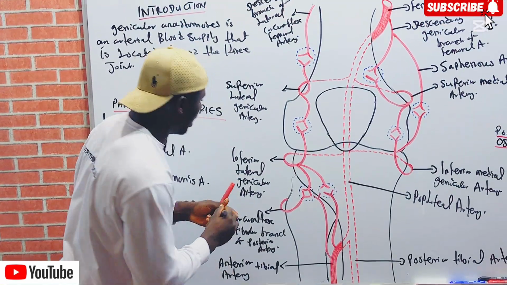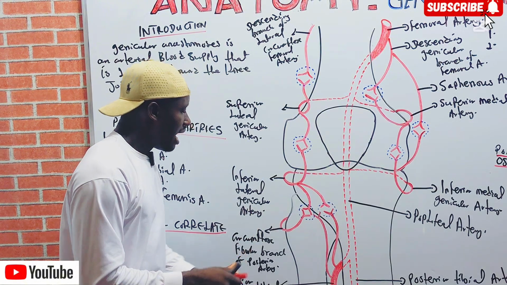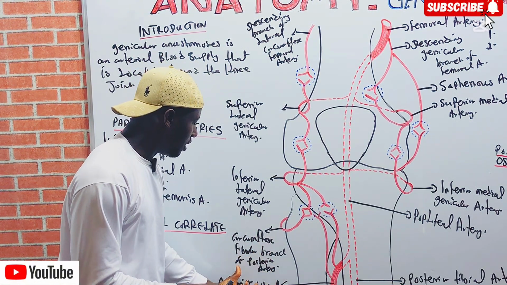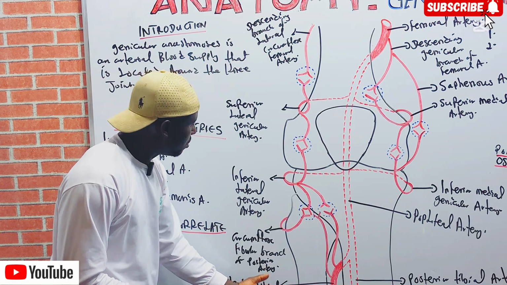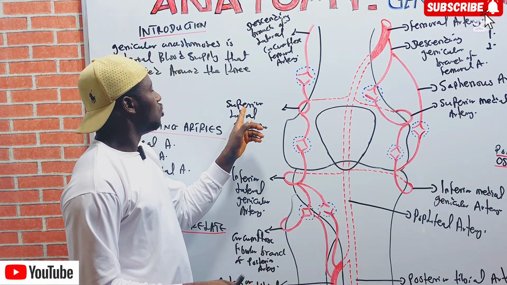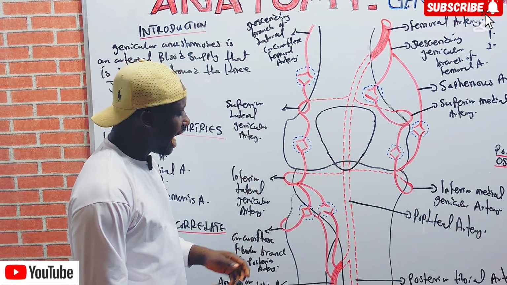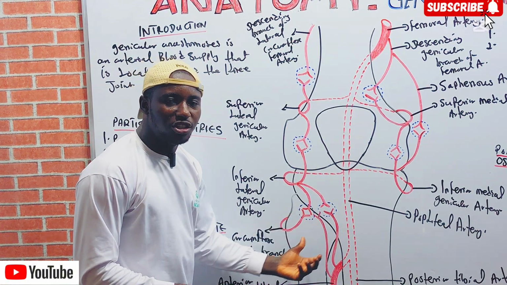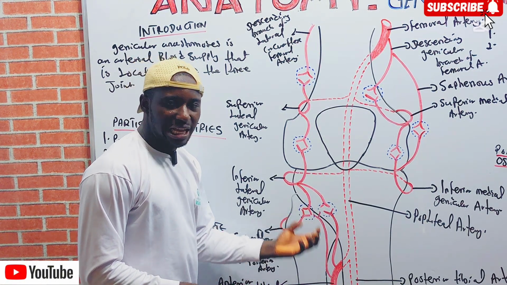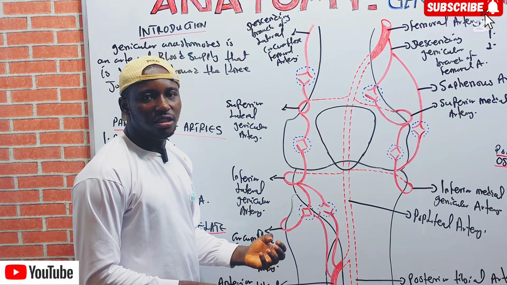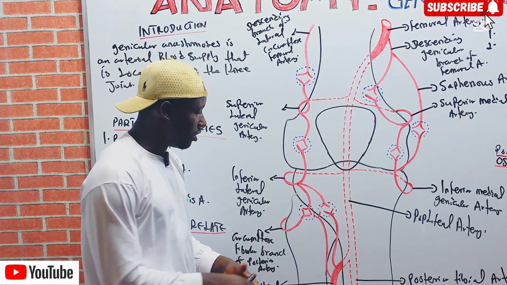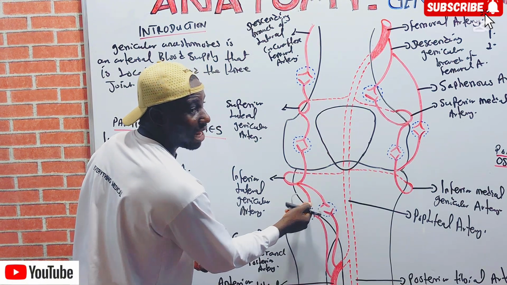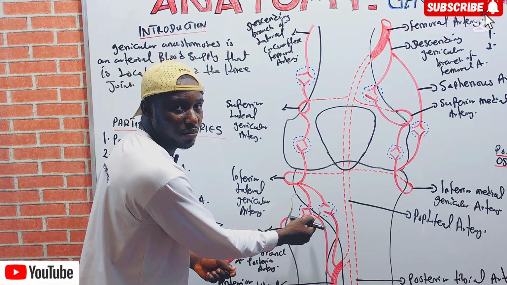So the inferior lateral genicular artery anastomoses with the circumflex fibular branch of the posterior tibial artery, also the superior lateral genicular artery, and the anterior and posterior branches of the anterior tibial artery, because these two arteries are branches of the anterior tibial artery.